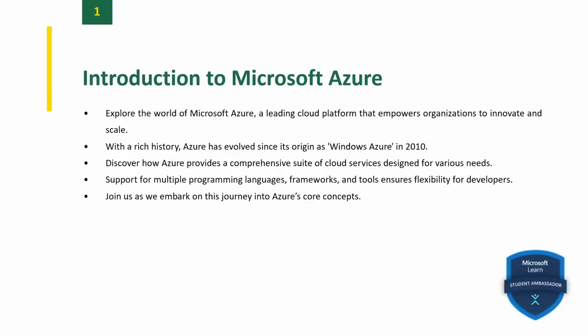Azure is built with security in mind, offering advanced security features and compliance certifications to protect your data and applications. Fourth one, integrations with Microsoft products. Azure seamlessly integrates with other Microsoft services like Office 365, Dynamics 365, and Active Directory, enhancing productivity and collaboration.